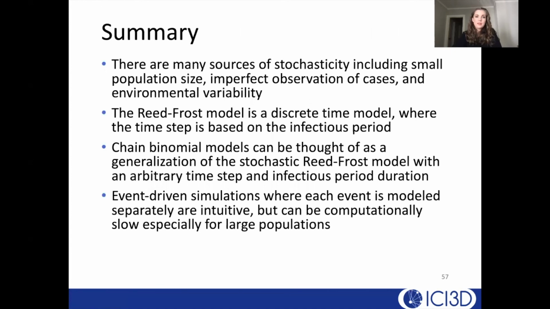So a quick summary, there are many sources of stochasticity, especially small population size, imperfect observation of cases, and environmental variability.